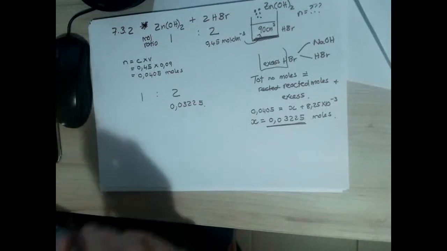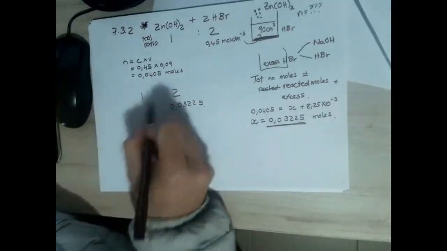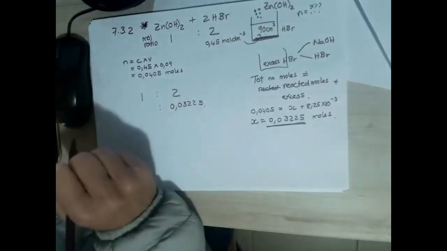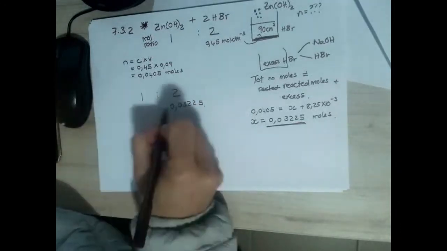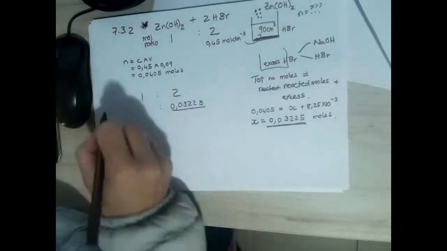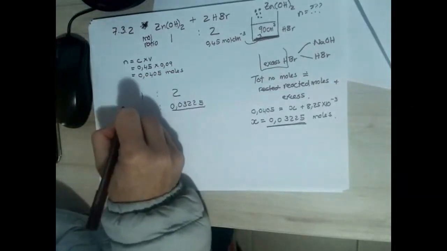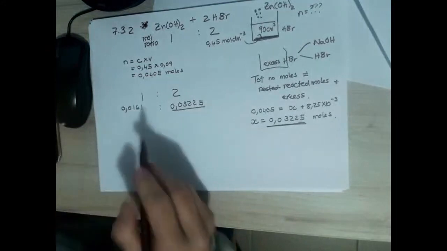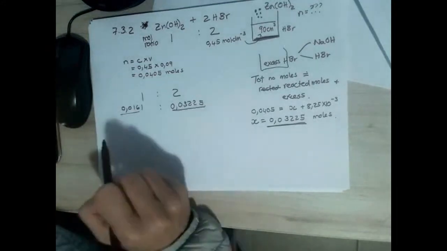And because they react in the ratio 1:2, I would have to halve it to figure out how many moles of zinc hydroxide I had. So I'm going to halve this and I'm going to get 0.0161.